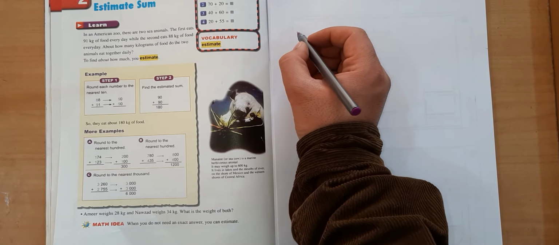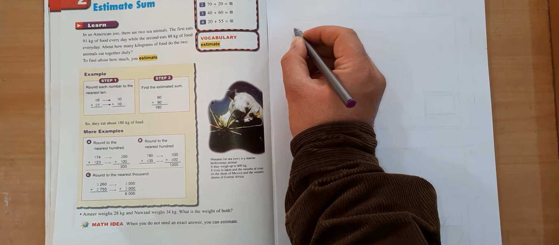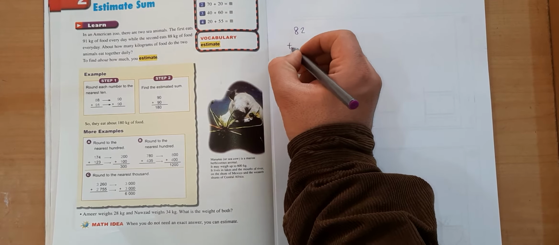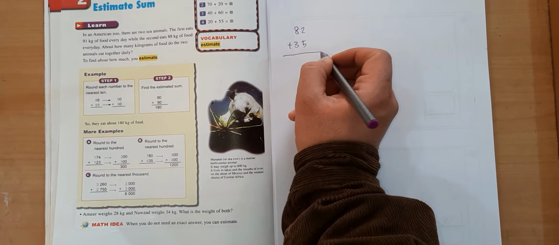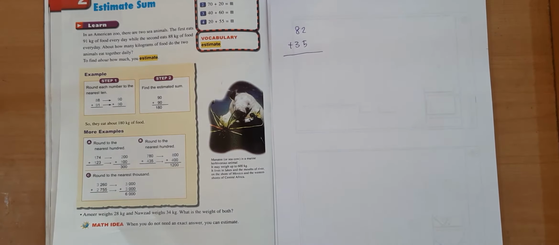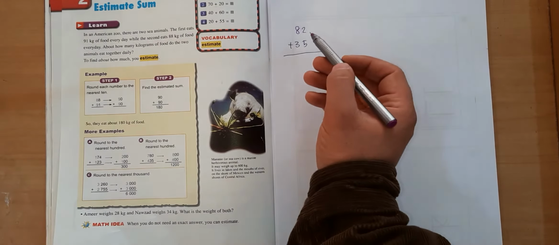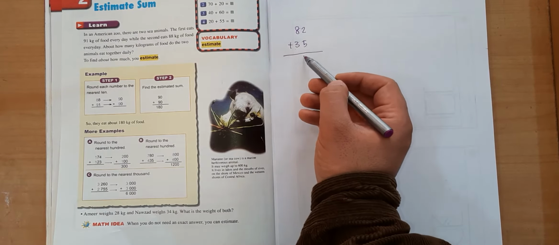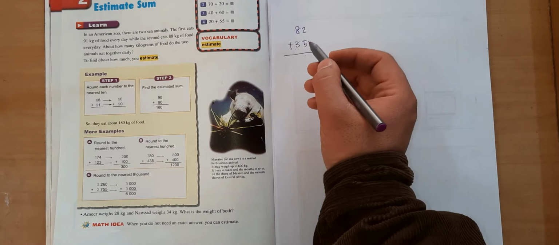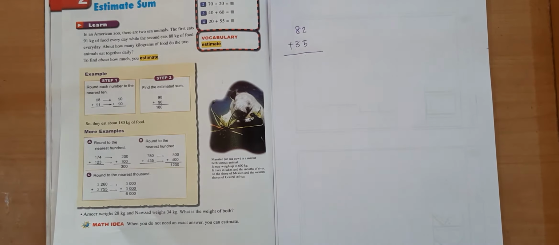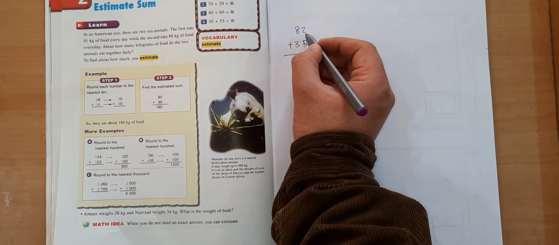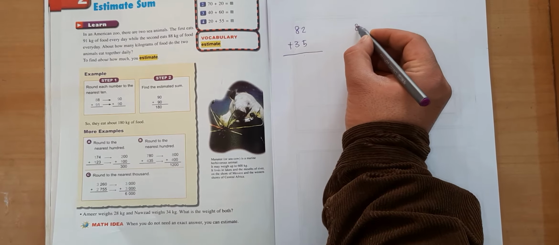If, for example, we have 82 plus 35, and we want to estimate the sum, how do we do it? The first thing, we're going to round each number to the nearest 10. If you round 82 to the nearest 10, what will it be? Since the ones digit is less than 5, it becomes 80.